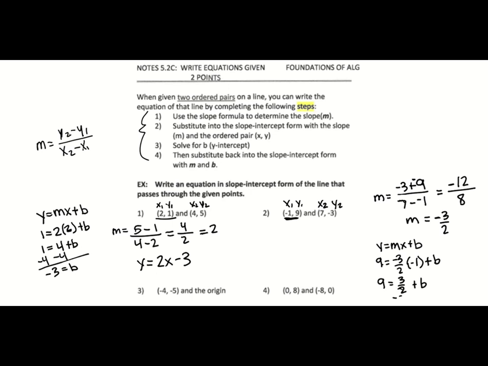I'm going to subtract 3 over 2 from both sides. I get b is equal 15 over 2. Now I have my b and my m, and I can plug it in to my final equation. Get y equals m x plus b.